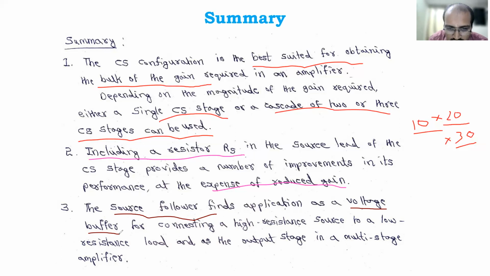Input is very high, output is low. We have seen 0.993 kilo ohm, a very small value compared to 15 kilo ohm. The second application is as the output stage in a multi-stage amplifier; the final stage will be using this source follower circuit. So this is the summary of the three amplifier circuits we have discussed.